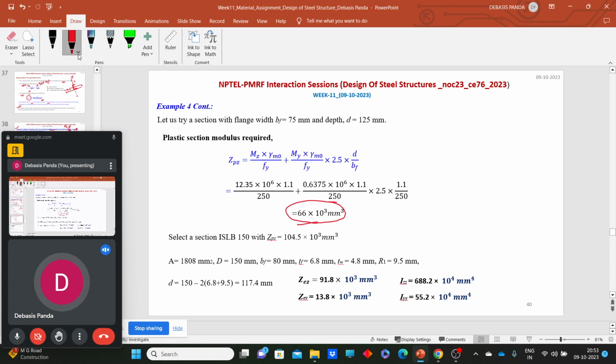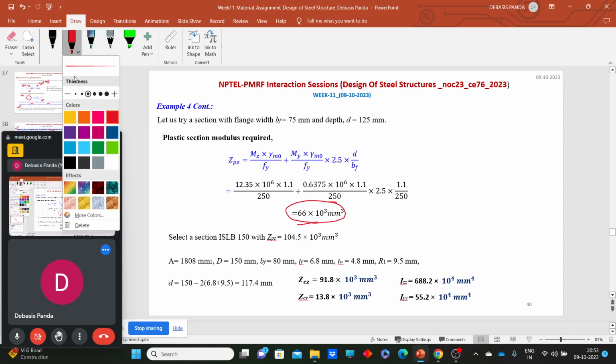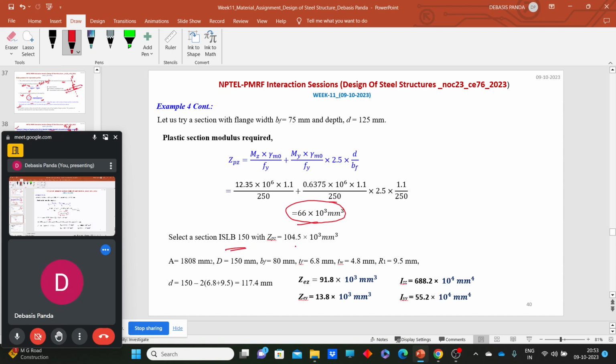If you go and check SP6, you will find that ISLB 150 has a sectional modulus of 104.5. We have considered bf as 75 mm, and the width of the flange here is 80 mm, so this value is near about 75. So we have selected one section, ISLB 150, and that will be used as the purlin.